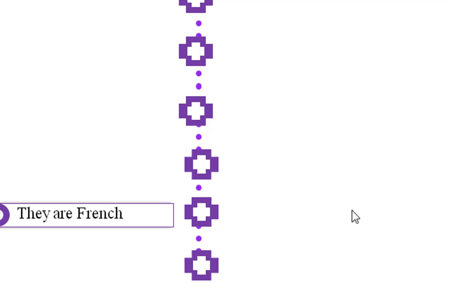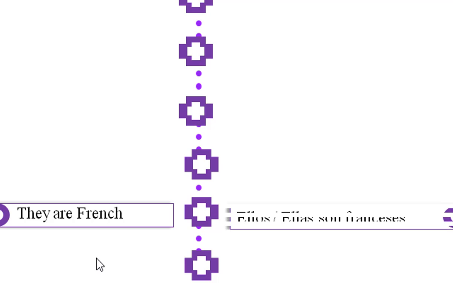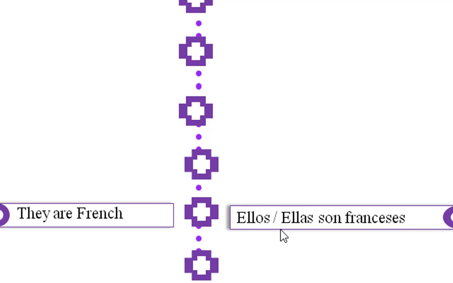They are French. We are talking about someone's nationality. They is ellos, and ellos form of ser is son. So it could be ellos or ellas, depending upon if we are talking about a group of men, a group of women, or a mixed group. So ellos son franceses, ellas son francesas.